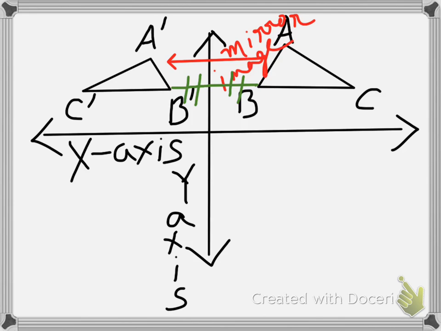The horizontal distance from point A to the y-axis is equal to the horizontal distance between A' and the y-axis, and the horizontal distance between the point C, let me do it with another color, is equal to the horizontal distance between point C' and the y-axis.